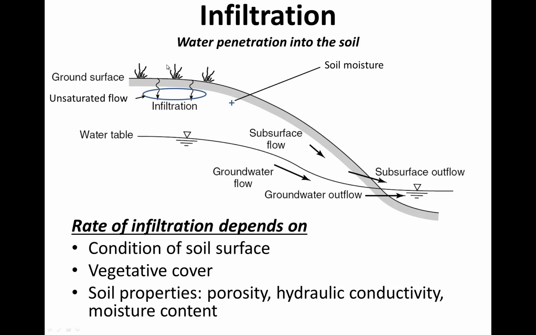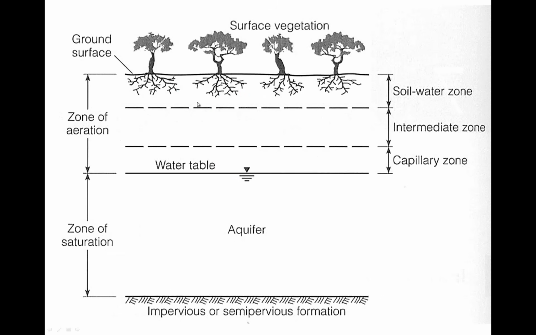So we have to keep track of how much soil moisture is in this vadose zone, as it's called, the zone of aeration above the water table. This illustration just shows that underneath the Earth's surface there's a zone of aeration where there is moisture in the soil, but it's not fully saturating all of the openings in the soil pores.